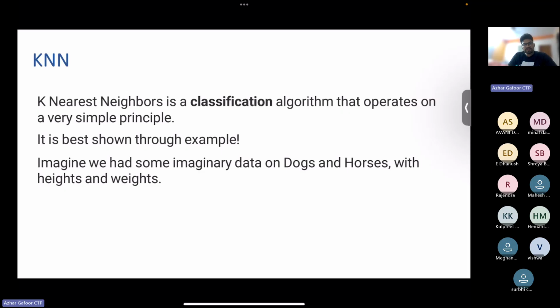The basic idea behind K nearest neighbor is that similar things exist close to each other. When we put everything in a feature space, like a 2D or 3D space, if two data points have some similarity, they will be close to each other.